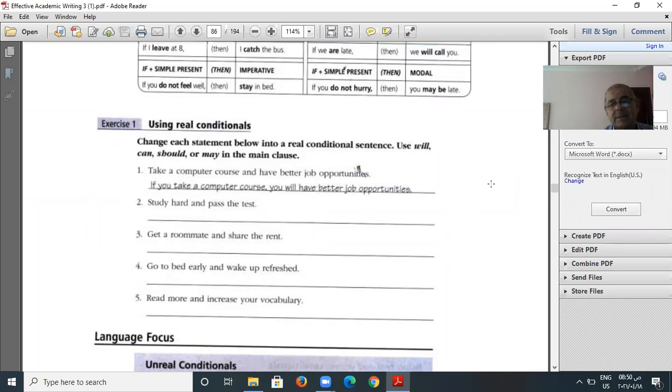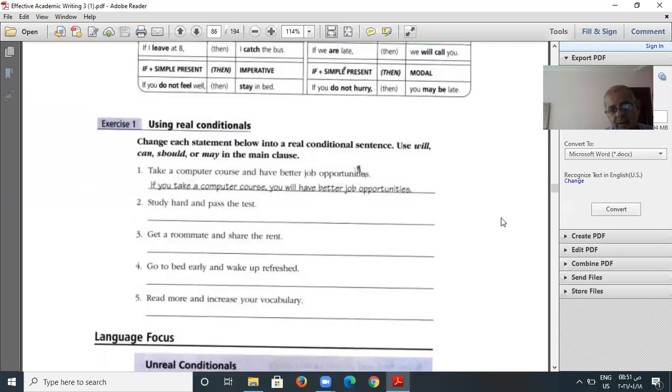Do you hear me? Okay. So we can change this sentence into the clause by starting, for example, with if.